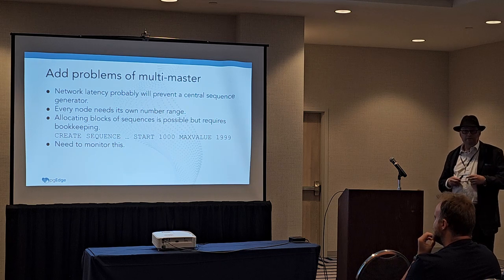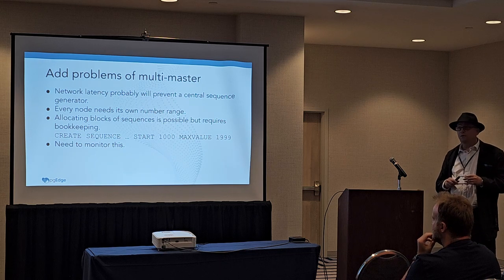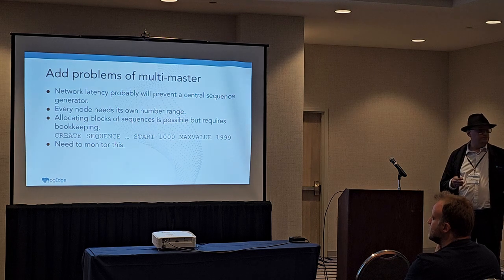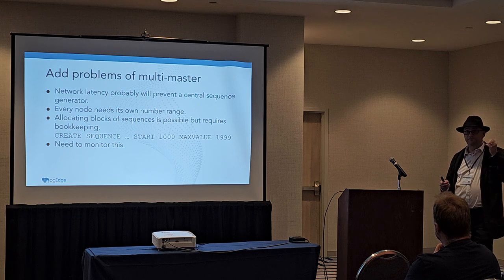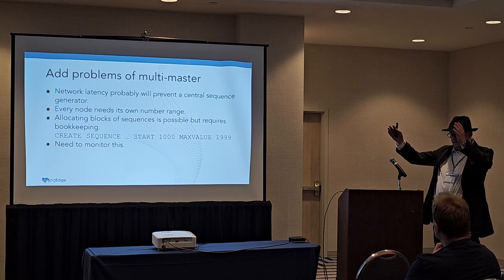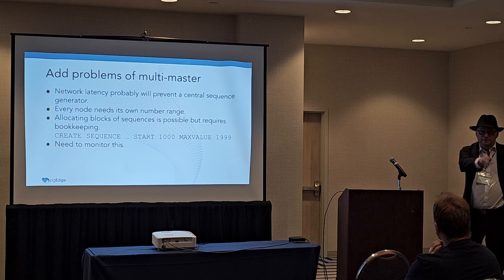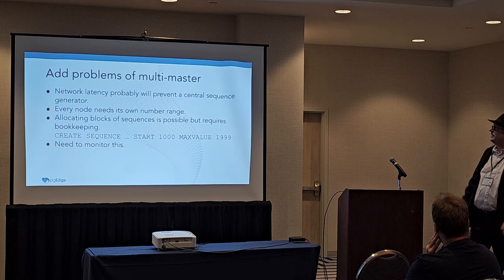Okay? That works. Now, again, there are multiple ways to do this. When I say number range, most people think of, oh, I'm allocating the first million here and the next million there.